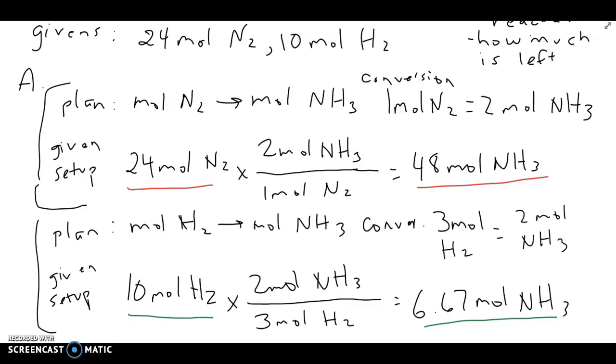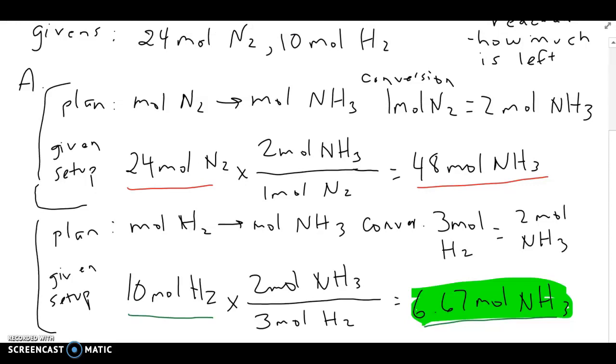With those two, we want to go with the least amount because that's what's going to run out first, our hydrogen. So that means that A, our answer to how much product we are going to get, is going to be 6.67 moles of NH3. That's how much product we're going to get before one of our reactants runs out.